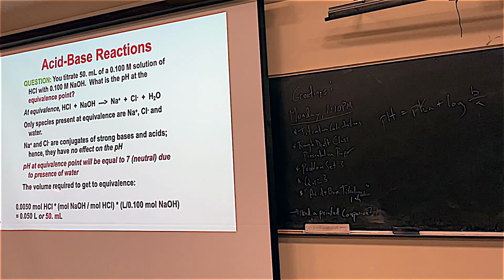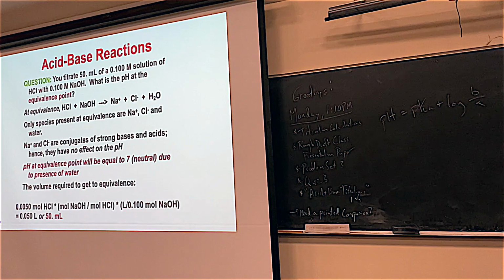Now, to find the volume of sodium hydroxide required to get there, what we're going to do is take that moles of strong acid that we found on the last slide, 0.0050 moles. And at equivalence, the HCl and sodium hydroxide moles are equal. So this moles is also equal to moles of sodium hydroxide. Moles per liter, if you divide by it, you can see how the moles of NaOH will cancel, and you'll have liters of sodium hydroxide left.